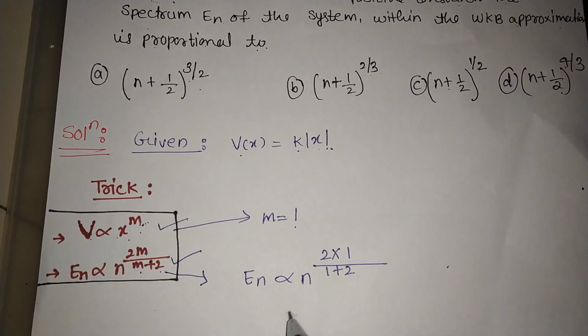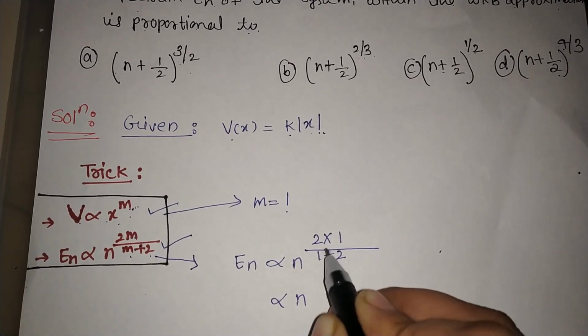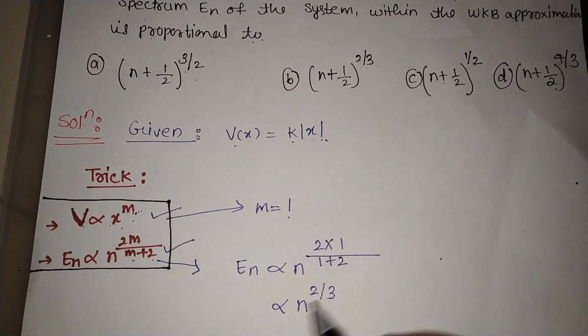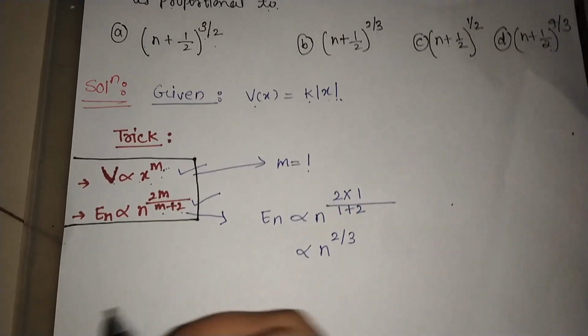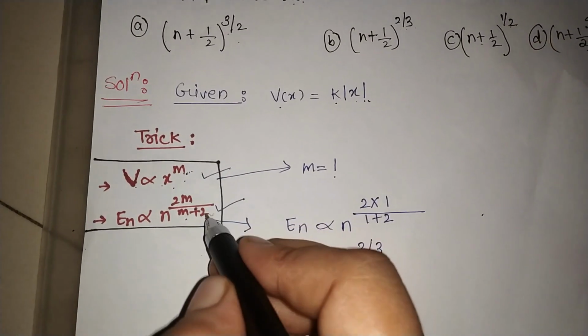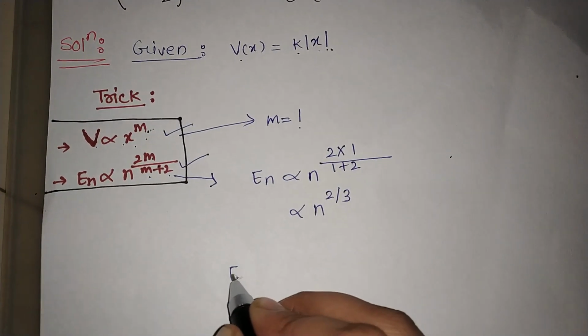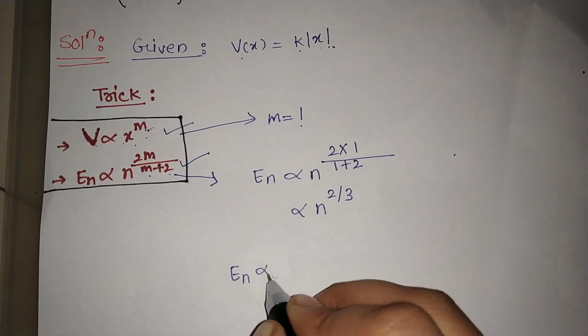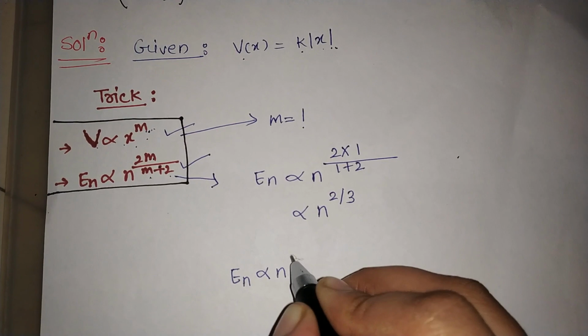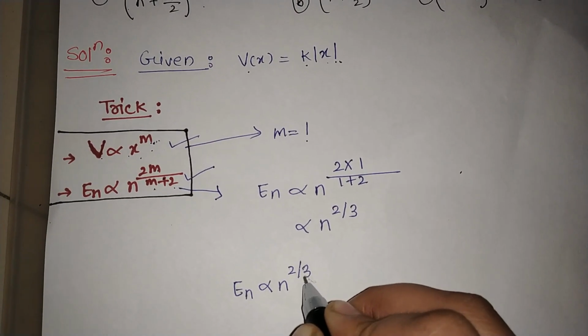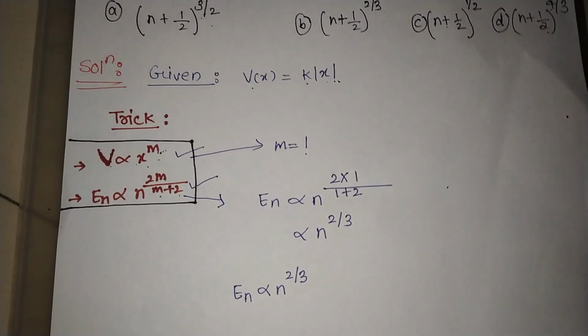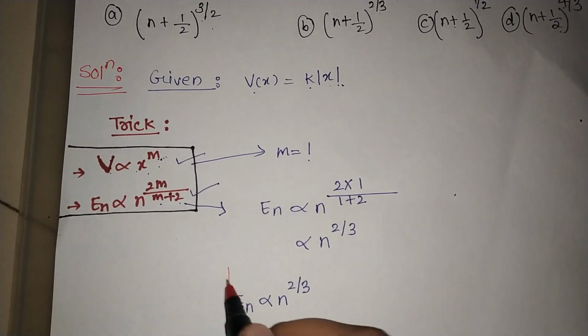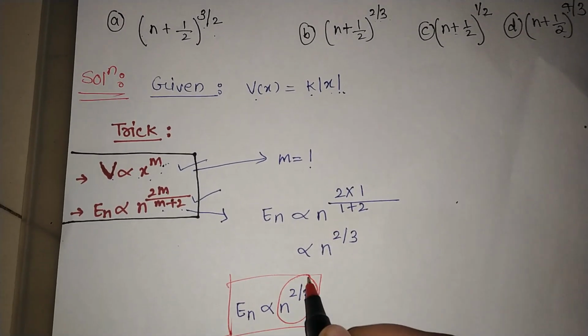We are getting n raised to 2 by 3, since 1 plus 2 is 3. That is, from this trick method, we get the answer as En directly proportional to n raised to power 2 by 3.